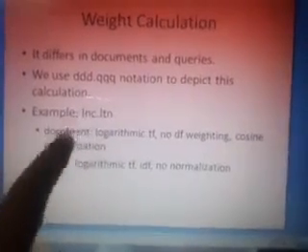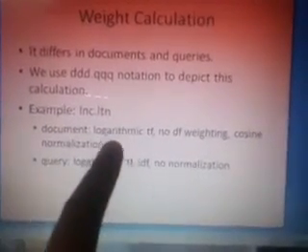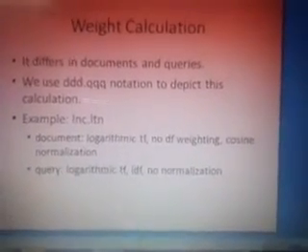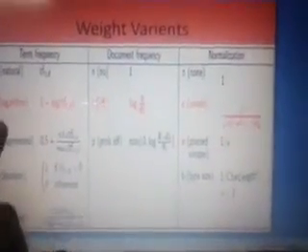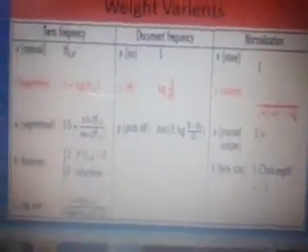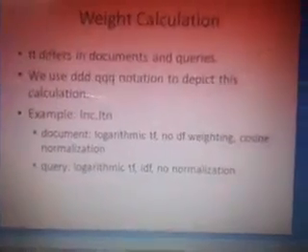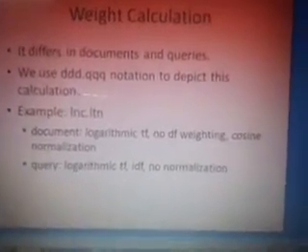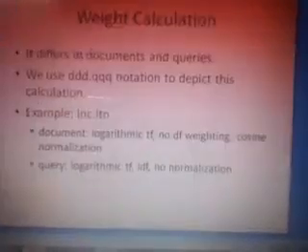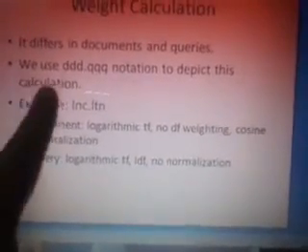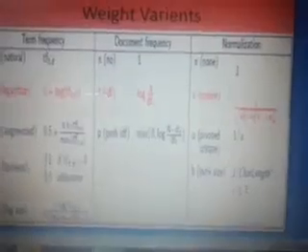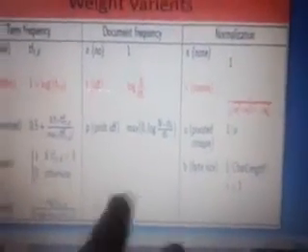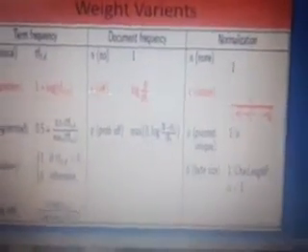L here means logarithmic term frequency, and the formula is 1 plus log TF. N means no DF weighting, so it is only 1. C means cosine normalization: after finding the weight, we normalize the weight.